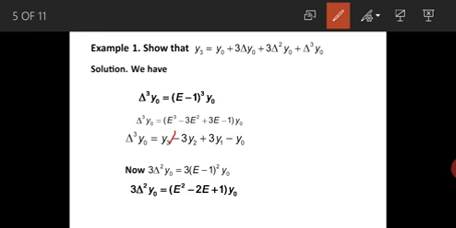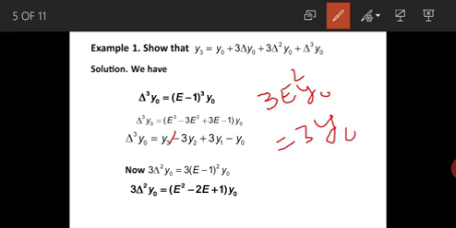e cube of y naught becomes y3. Similarly 3 times of e square y naught, we can write it as 3 times of y of 0 plus 2. So it becomes 3 times of y2. You can see the term here.